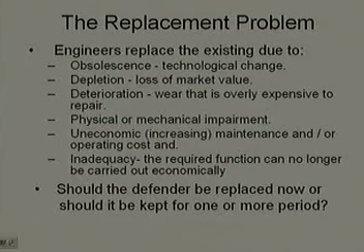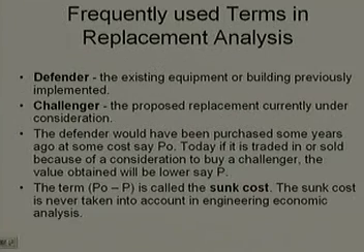Now, if you see the definition part of it, already we have defined. Basically, defender we are calling those existing equipment or assets which are already in place. We have already implemented these, so they are called defender. Suppose we have a diesel generator set, or we have a batching plant of, let us say, 100 cubic meter per hour capacity.